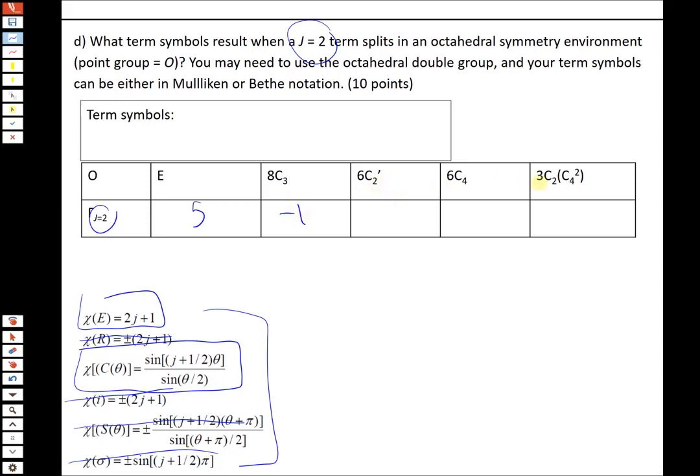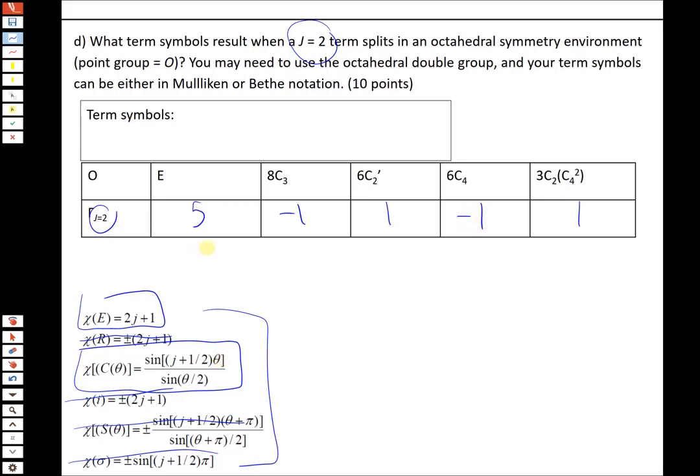For the C2s, we have two different classes of C2s, which will give the same character because this equation only depends on the angle of rotation, not the direction. So J equals 2, theta equals 180 degrees, or pi, and for the C2s we get characters of 1. And then for C4, we're going to use a theta value of 90 degrees, or pi over 2, and when we put those in and do the math, we get a minus 1.